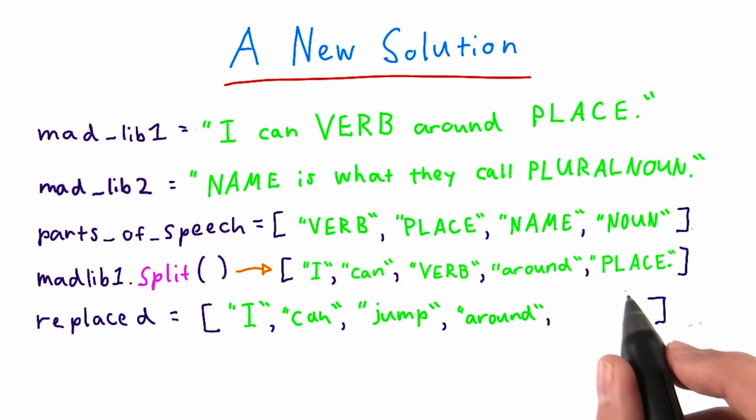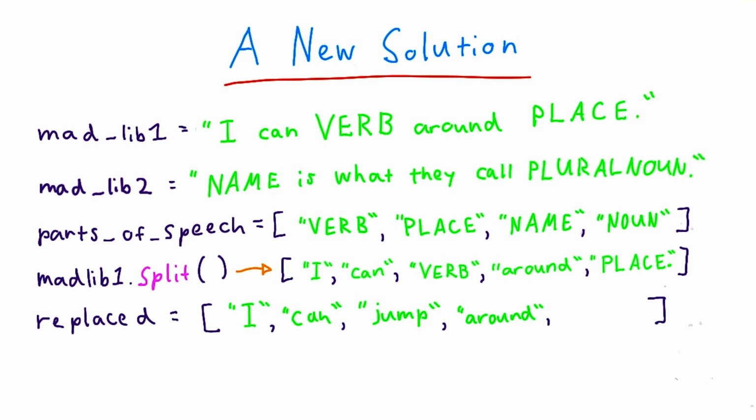And now we're at place. Now this is where things get a bit interesting. Notice that there is this period at the end of place. Since we want to keep all punctuation, we're going to have to make our approach a little bit more robust. We'll first need to check that the string place is in the string place with a period, rather than just comparing the two words for equality.